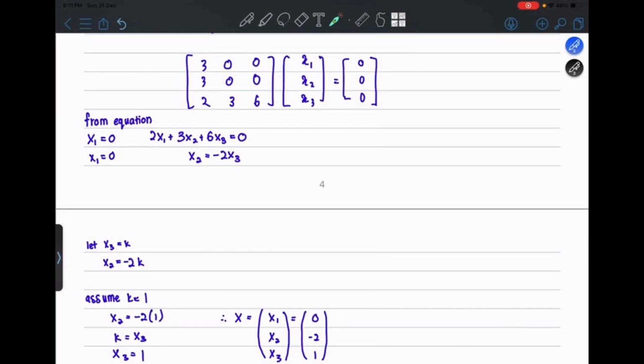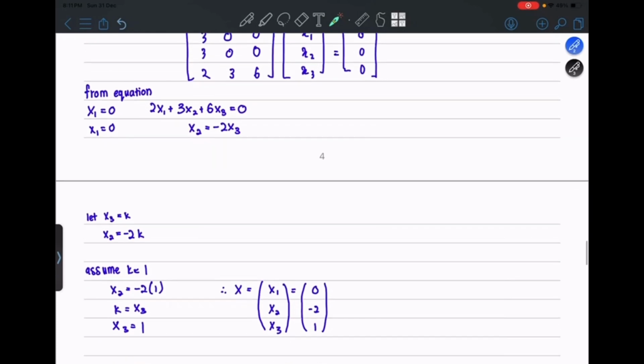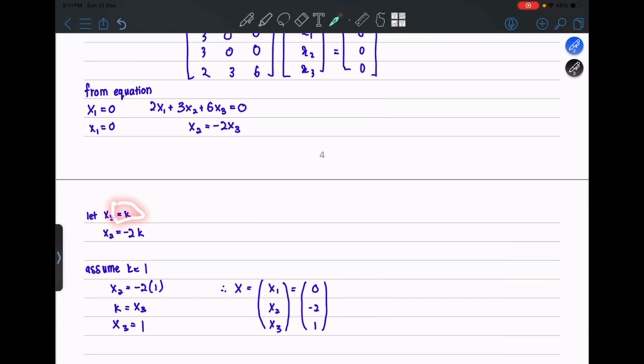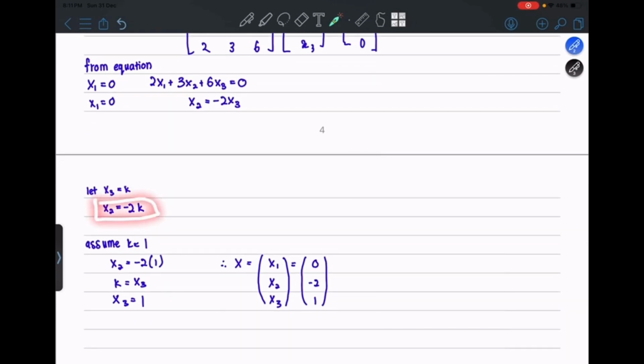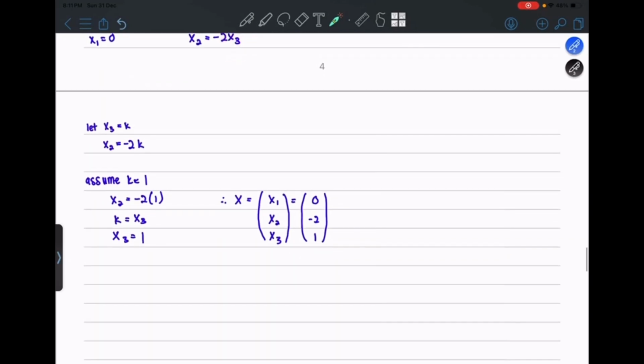So from here, let's assume x3 equals k. From that, we get x2 equals negative 2k. Then to find x3, let's assume k equals 1, shall we? From this equation right here, I'll just put 1 in for k. So we get x2 equals negative 2 as well.